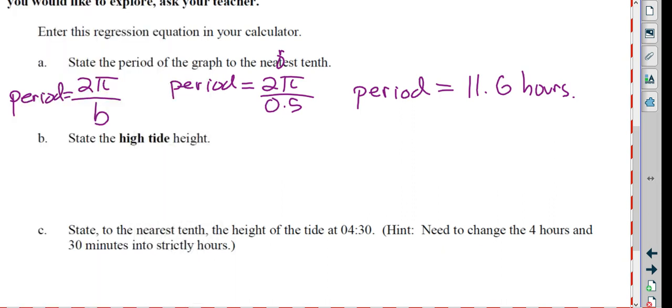State the high tide height. What's the high tide height? So you don't have to write this max equals D plus A equals whatever plus whatever. What are the whatevers?